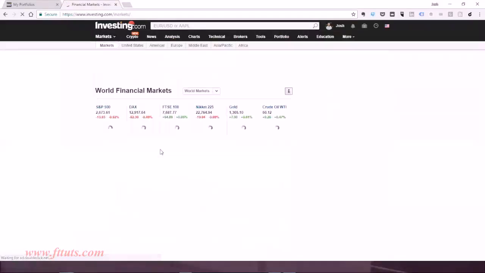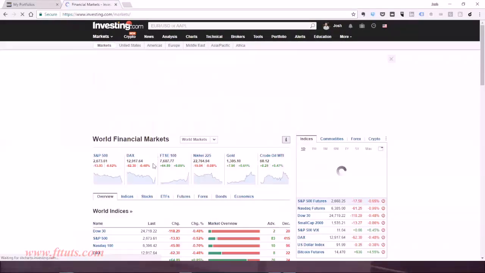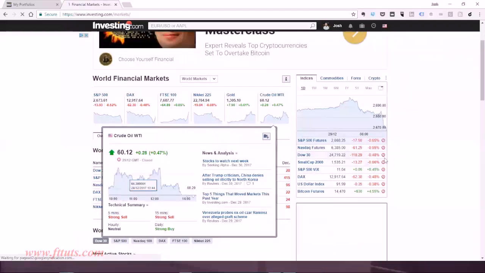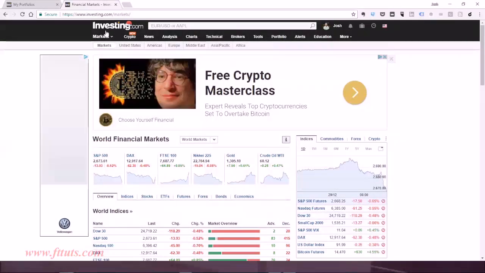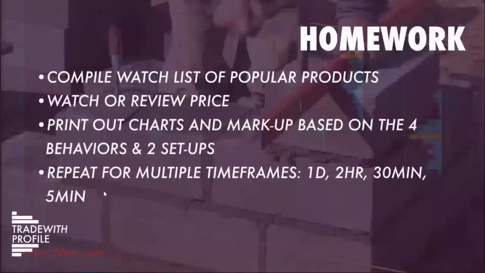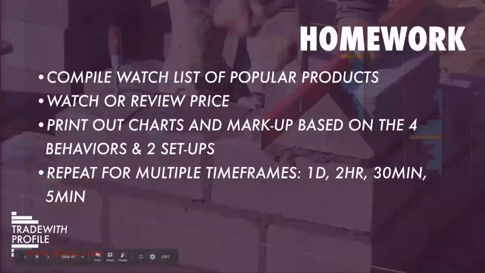You can add some of those. Now play around, add those to your portfolio, print them out, and look at, can I identify these 4 behaviors, and can I find these 2 setups? So that's where the setups become more powerful, if I look at them inside of the 4 behaviors, then it becomes a little more interesting.